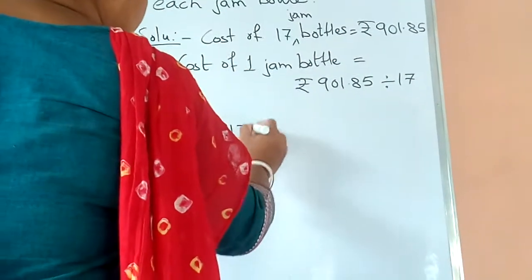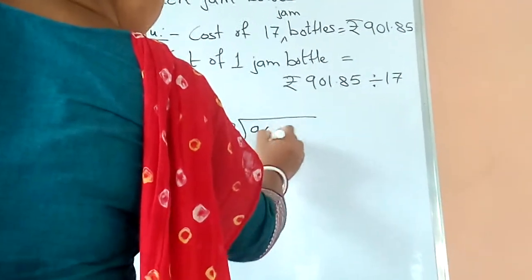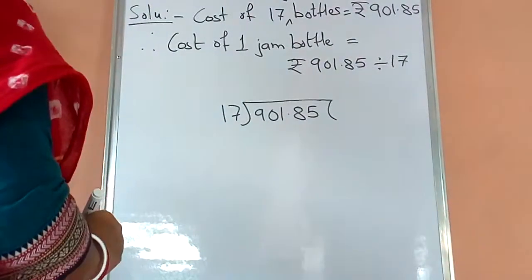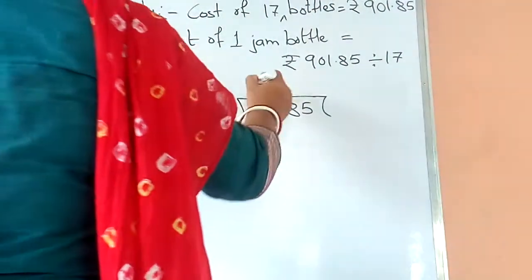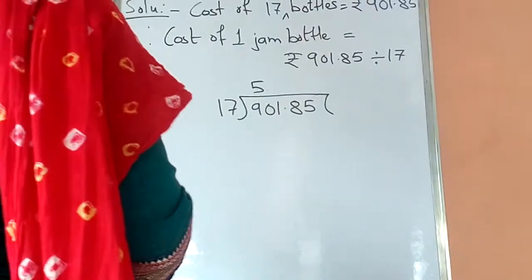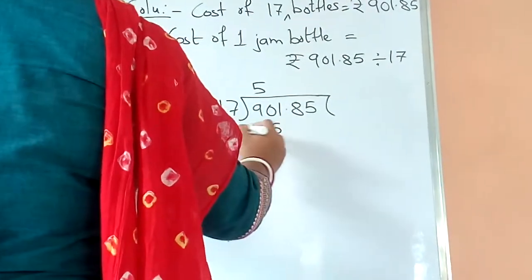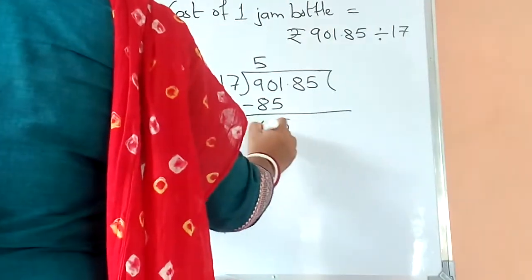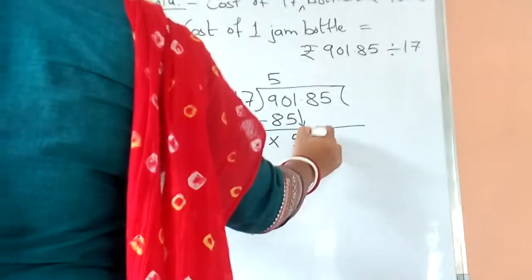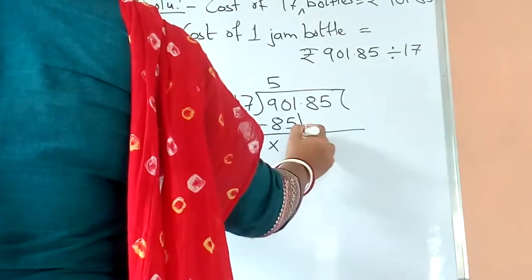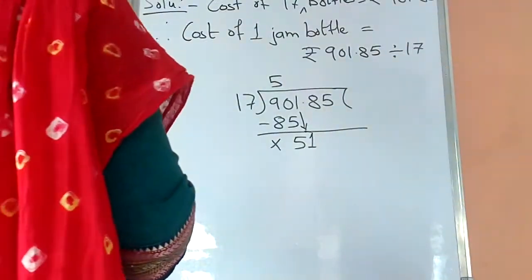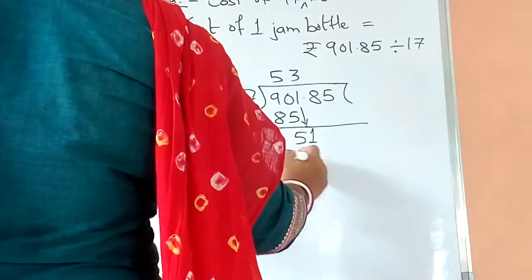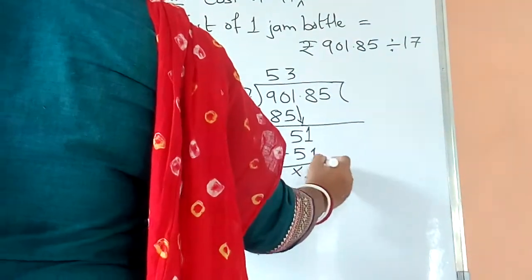That means 17 outside and inside will be 901.85. So 17 5s are 85. Subtraction will give you 5. Now this 1 will come down. So again 17 3s is 51. Subtraction, both will be cancelled.